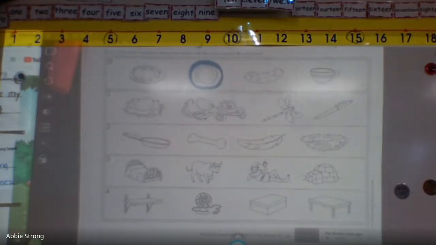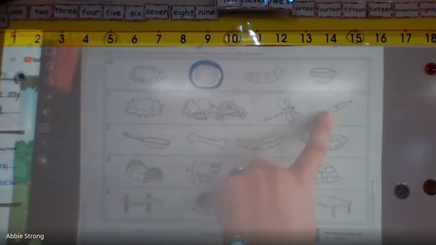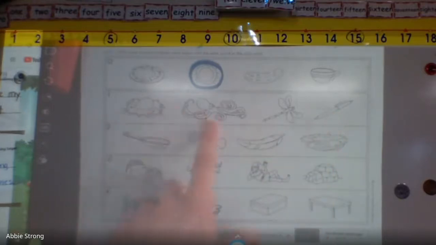Look at number 1. You have an egg, octopus, insect, and pen. Listen to the word. You need to circle the picture. Honey, are you listening? You need to circle the picture that starts the same way as ever. Ever. Which picture, you can't tell me, you just have to circle it on your paper.